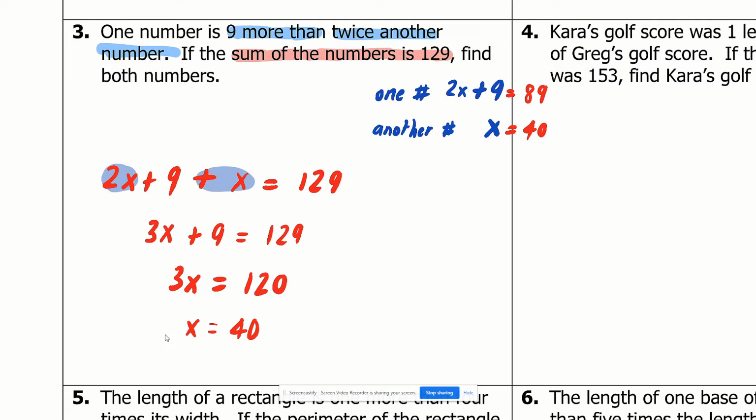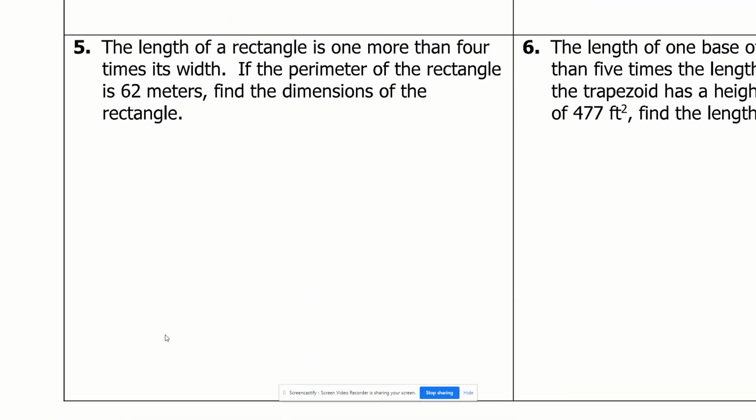You're just saying it's 9 more than twice x. So you're just adding 9 to 2x. You would only go 9 times x if 9 were being multiplied by the other number, but it's not. It's just being added to it. You with me? Okay.